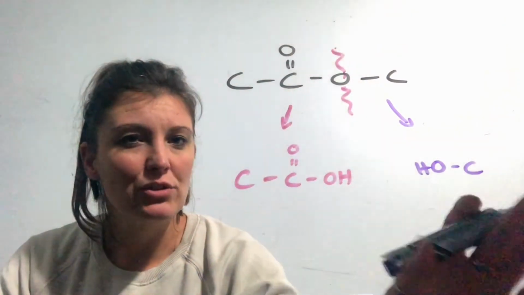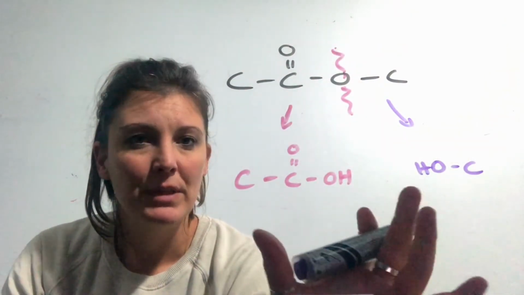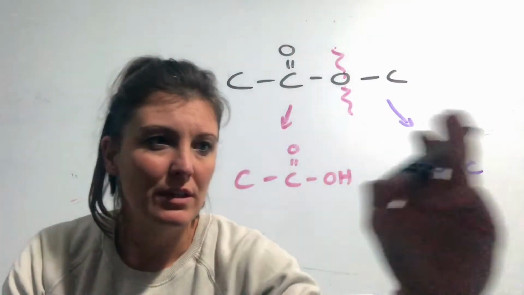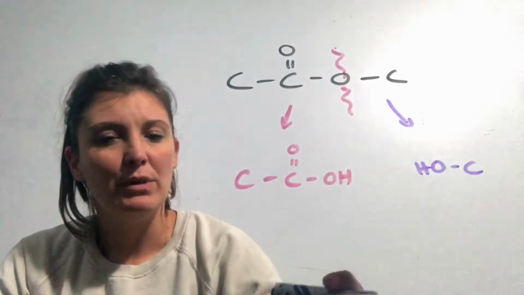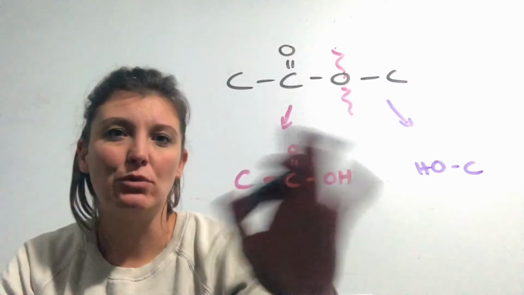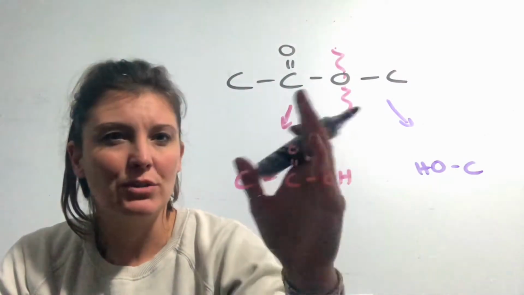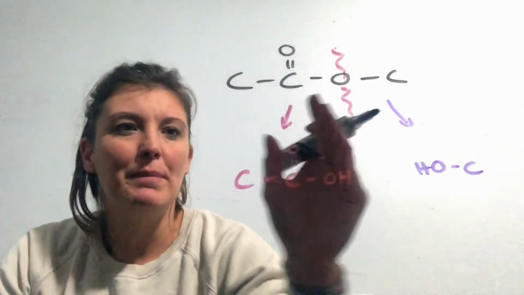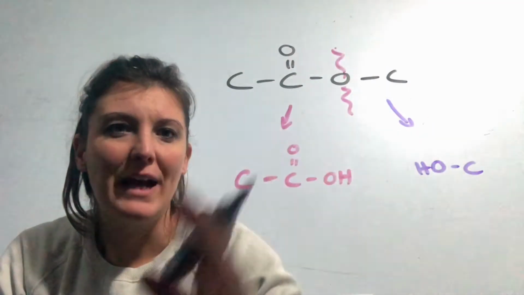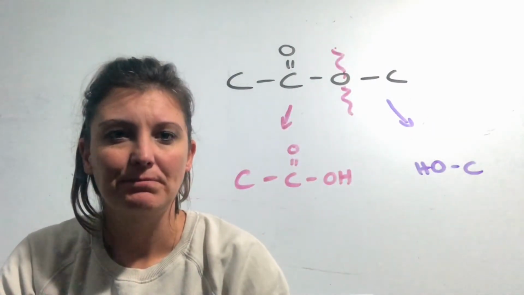Right, so those are the two groups that make up the ester. And with an acid, like hydrochloric acid or sulfuric acid, if we split it up, it goes back to the two original states.